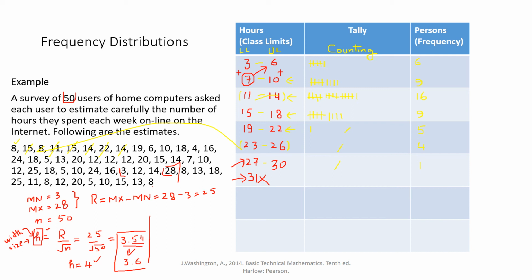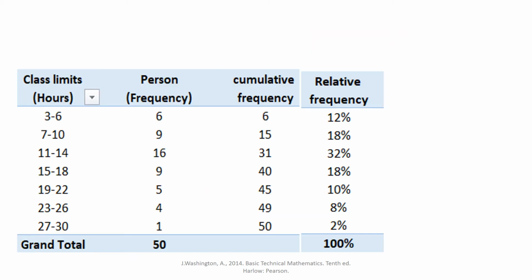Let's go now to cumulative frequency. Well, I have done everything here, so I will explain how 16, 31, 45 come.